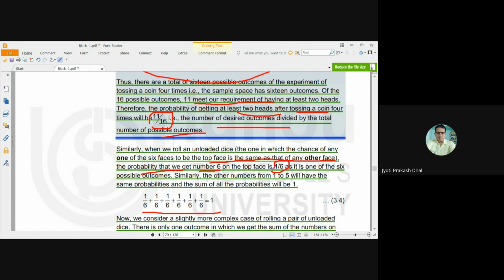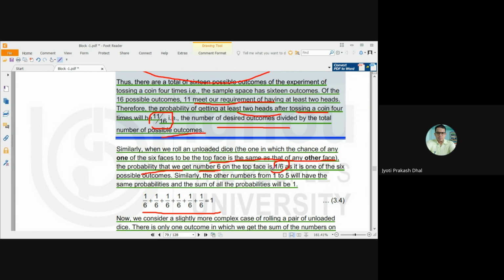Here the probability to get number 6 is 1 by 6 because the sample space contains 6 results, and out of the 6 results, if you want to get the number 6, then the probability will be 1 by 6 of its 6 possible outcomes.